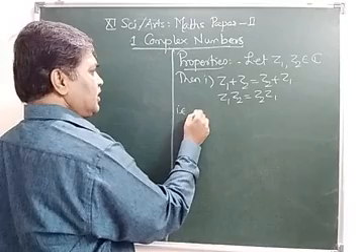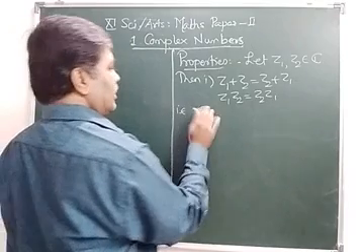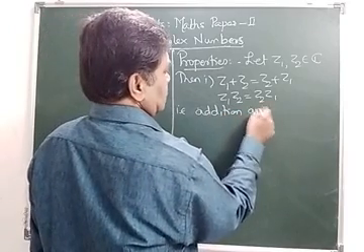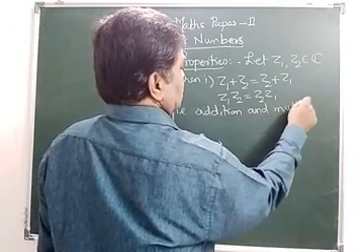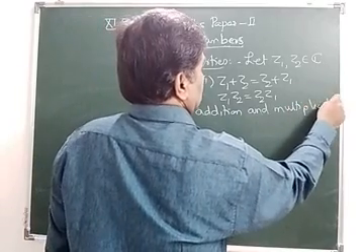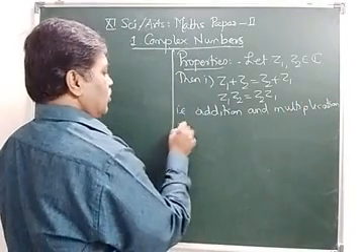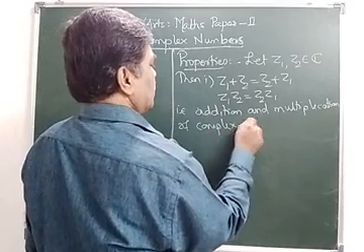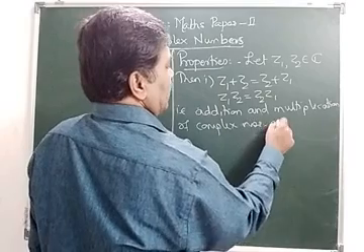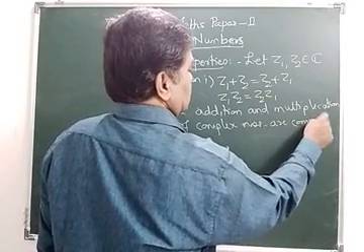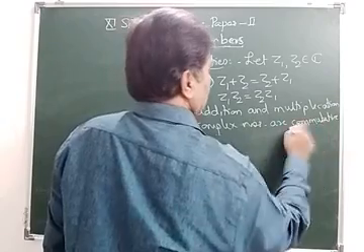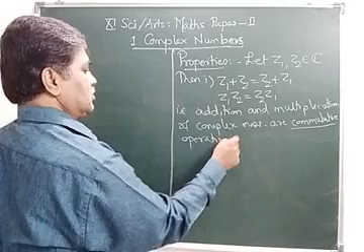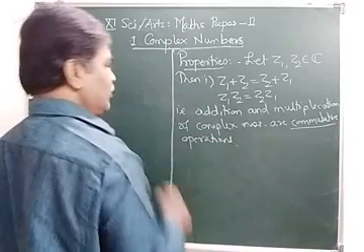That is, addition and multiplication of complex numbers are commutative operations. So this is nothing but the commutative law.